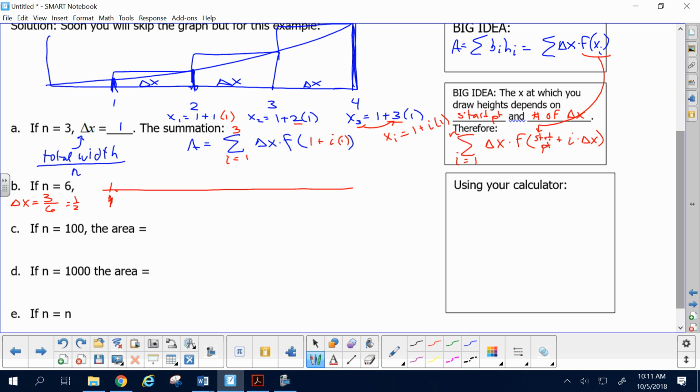So when I break up my huge area into little chunks, the first x will be, remember we're using right rectangles, so I'm not making the starting point 1 my first x, I'm going to the right side of my first interval. The first interval starts at 1 and goes over 1 delta x, so that's 1/2 over.